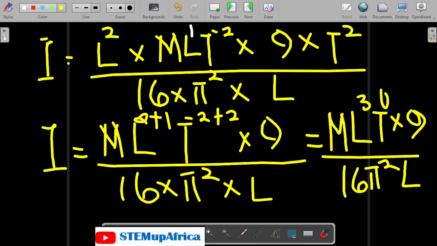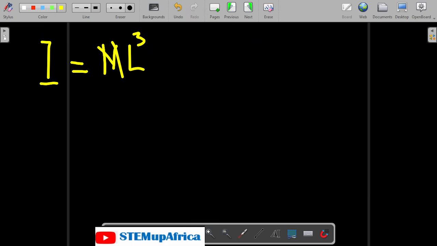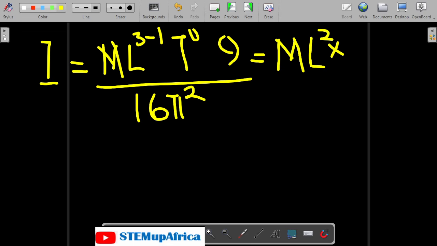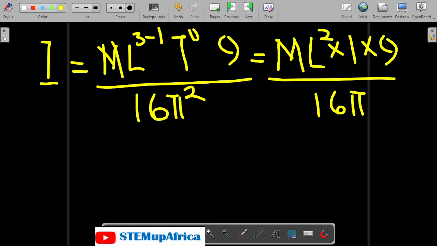So I can apply the law of indices to the L. This one is raised to the power 1. The law says when you divide, you subtract. So I'm going to have M L raised to the power 3 minus 1, T raised to the power 0, 9 over 16 pi squared, which is M L squared times 1 times 9 over 16 pi squared.